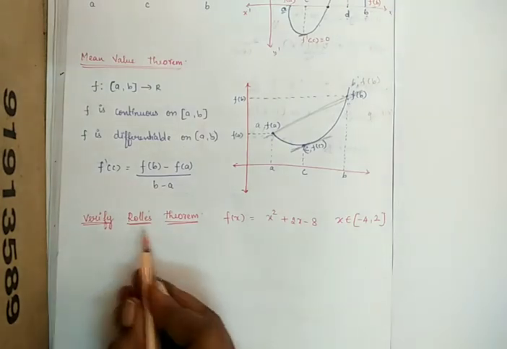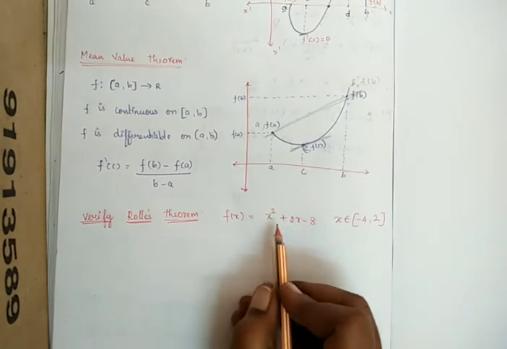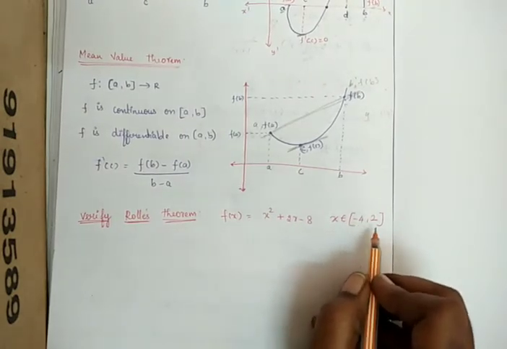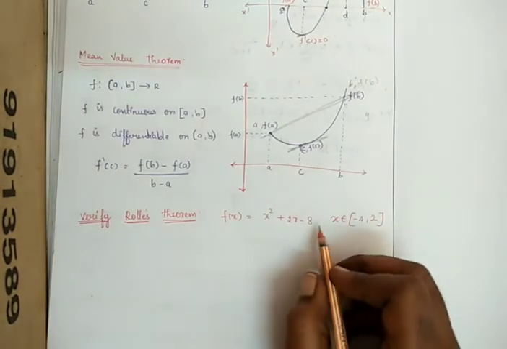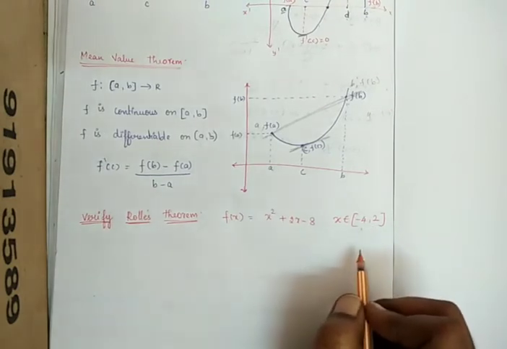Now verify Rolle's theorem for the function f of x is equal to x square plus 2x minus 8, x belongs to the closed interval minus 4 comma 2. Let us assume this is my a value and this is my b value.